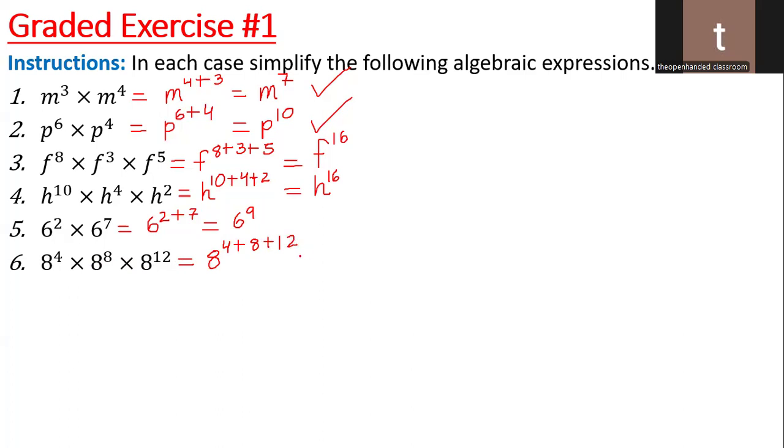That's going to be equal to what? 8 to the power of 24. Well, we know that 4 plus 8 is 12, so 12 plus 12 is 24. And so the answer is 8 to the power of 24.